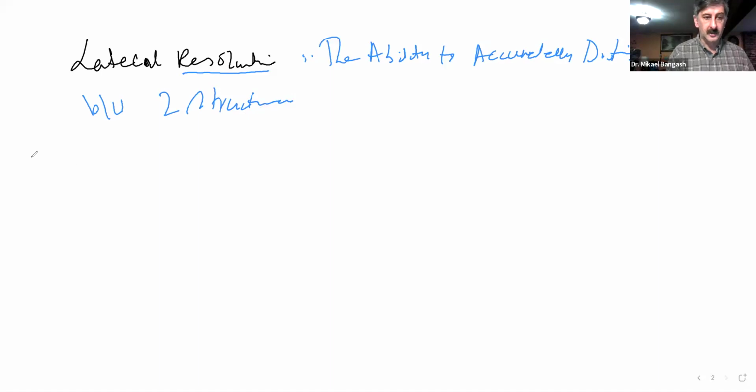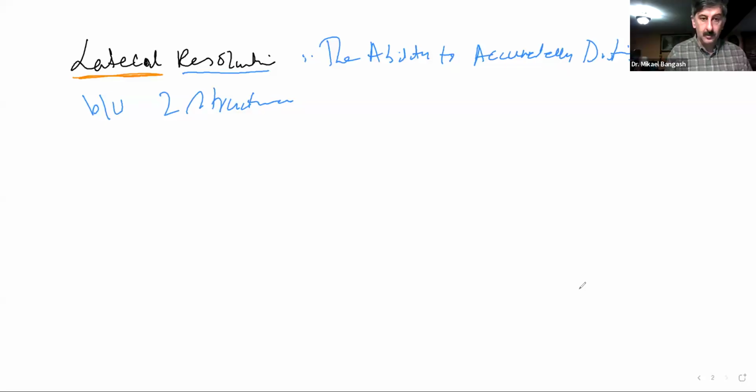Now, what are these two structures going to be? If you look at the word lateral, can anybody recall the literal meaning of lateral? I mean, side to side, right?